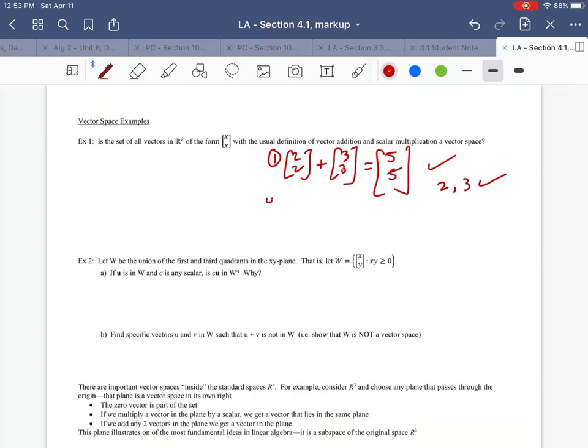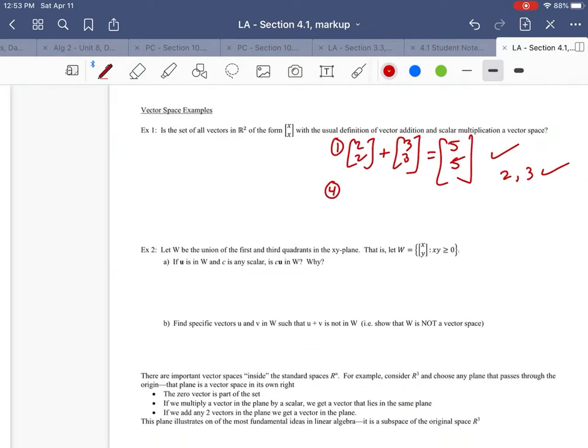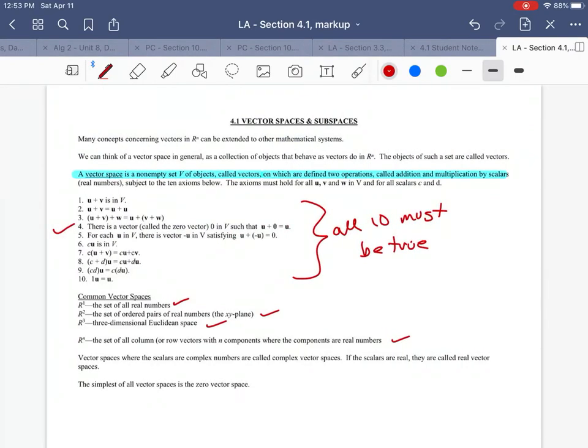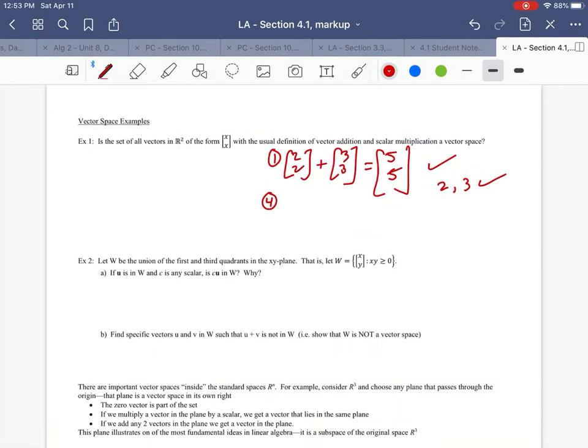All right, what about part 4? Part 4 is asking you, is there a zero vector? Well, could I just make those both 0? So yeah, I could. And also step 5. Step 5 says, if you pick something like 2, 2, could you find another vector like negative 2, negative 2, and you add those to get the 0 vector?